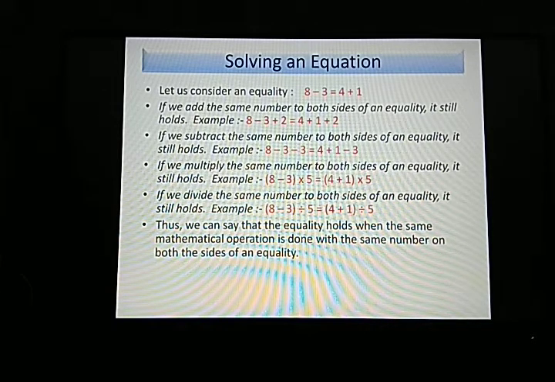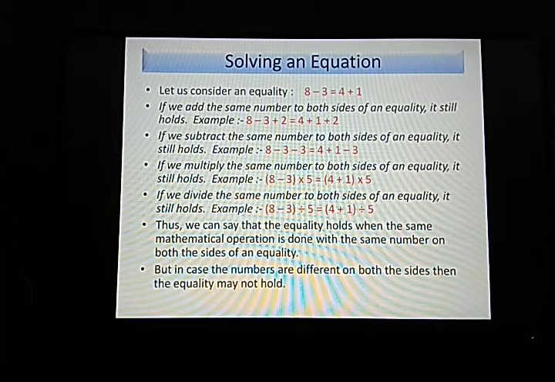Now, what would happen if the numbers that have been added, subtracted, multiplied or divided are different on both the sides? Do you think the equality will hold? The answer to this is definitely no. It may hold or it may not hold.